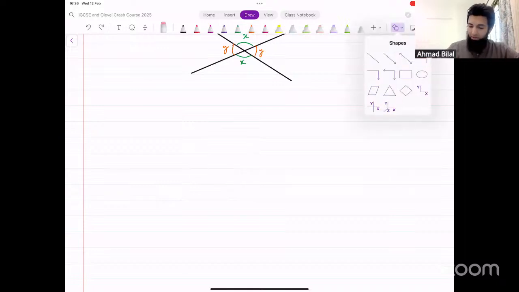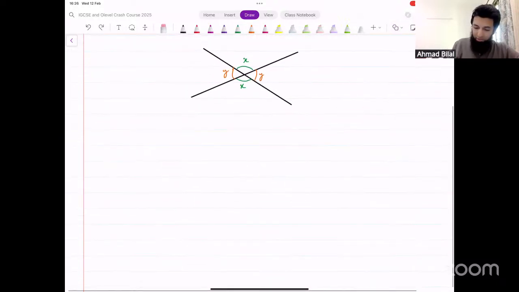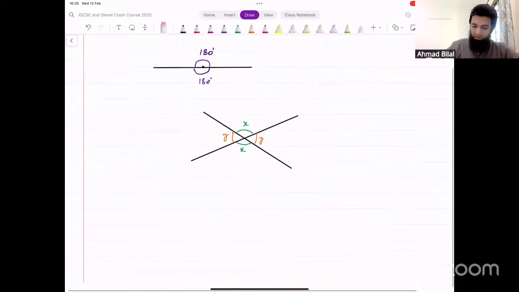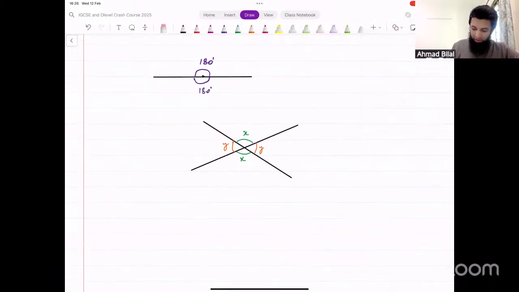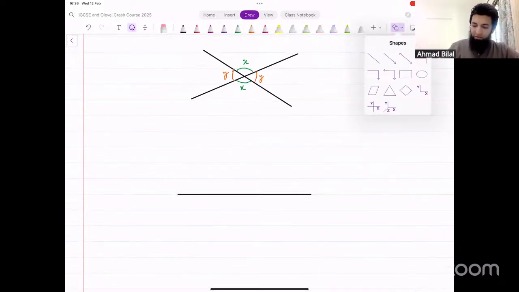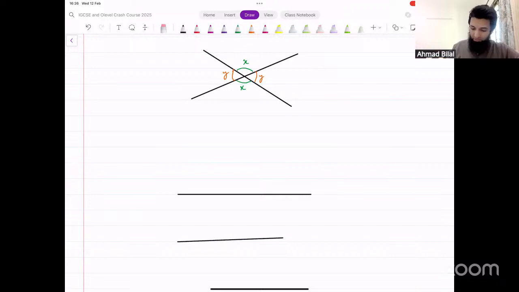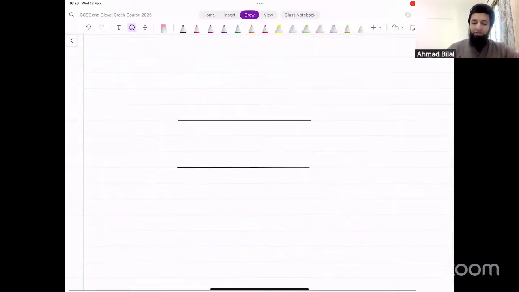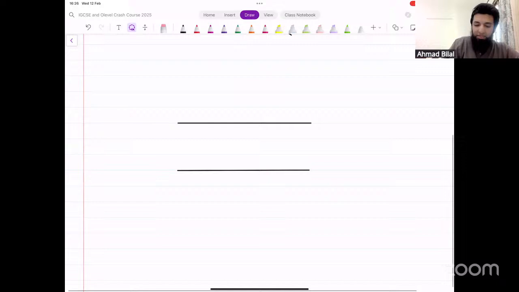Okay, no, that's not quite working. It's okay. I'll just draw them like this then. I have a horizontal line, and I have another line that's parallel to this. It goes like this. These are parallel lines, right? They have the same direction.